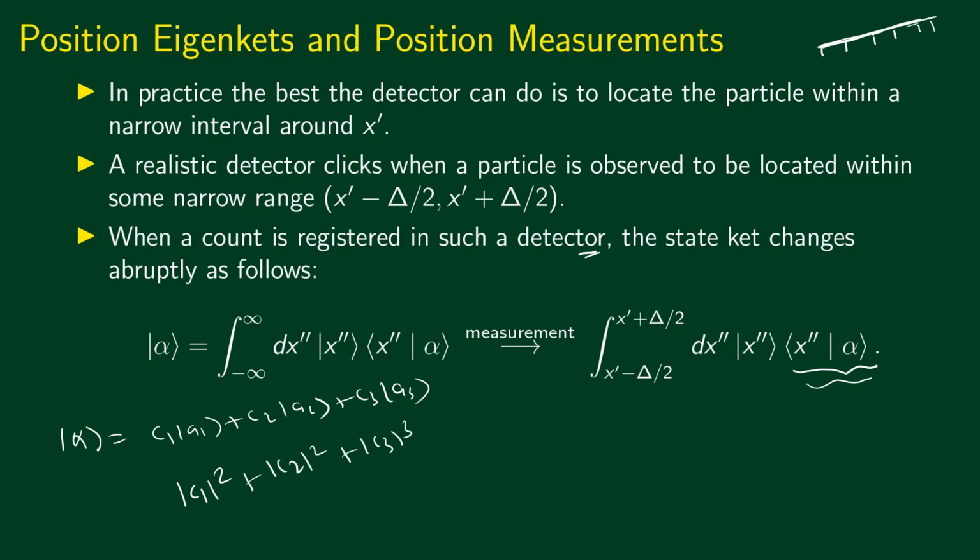Remember, here the question is not what's the probability of finding it in the state ket A1. The answer to that question is modulus C1 squared. The question I am asking is what's the probability that I find it in one of these states. Then you have to add up all these probabilities. In a slightly different notation I can write this as the sum over A prime within this region of the modulus squared of bra A prime ket alpha.